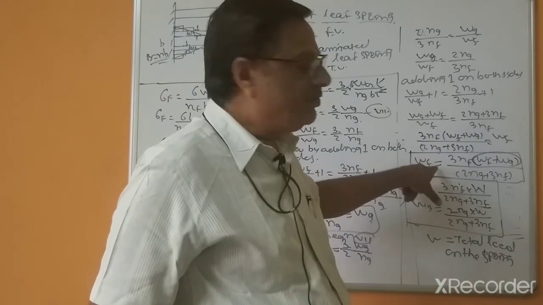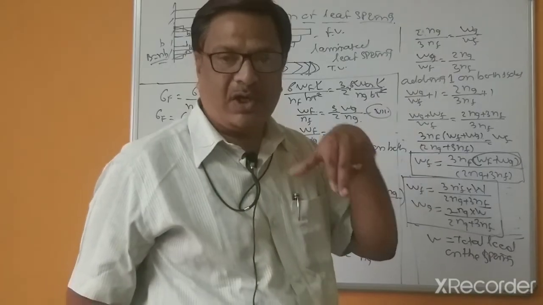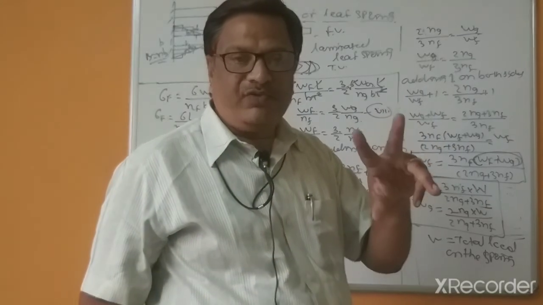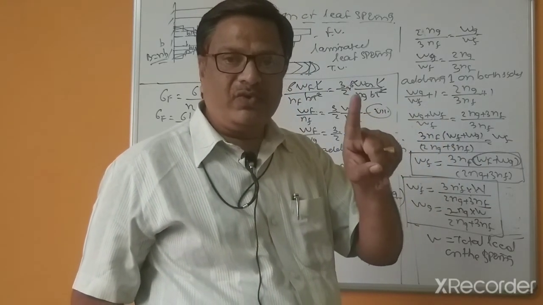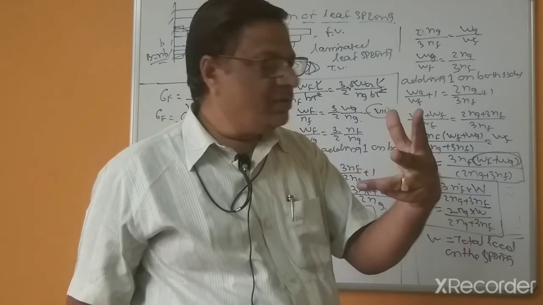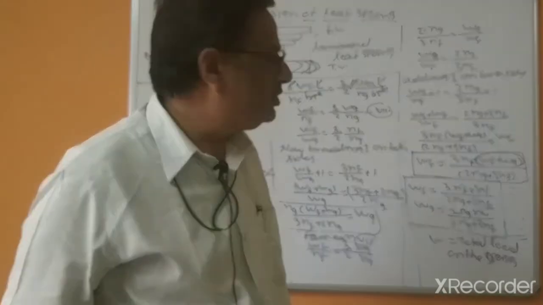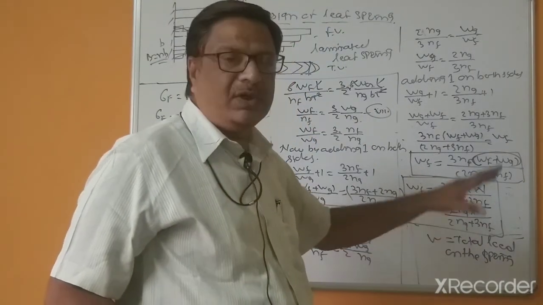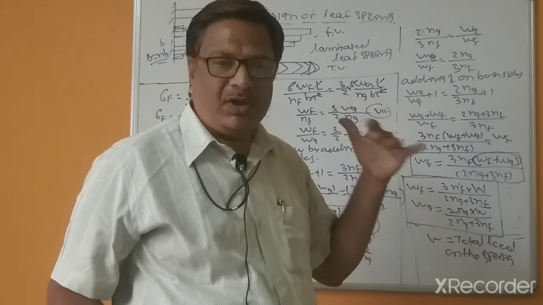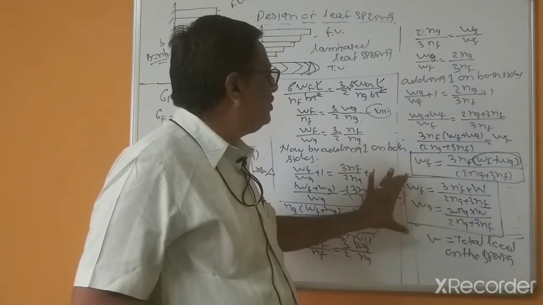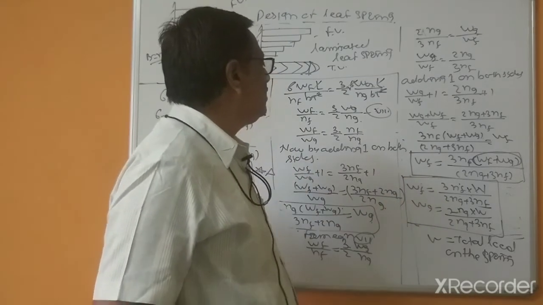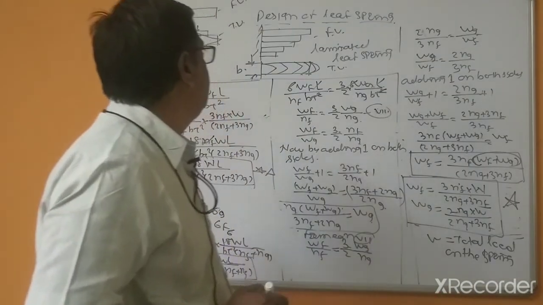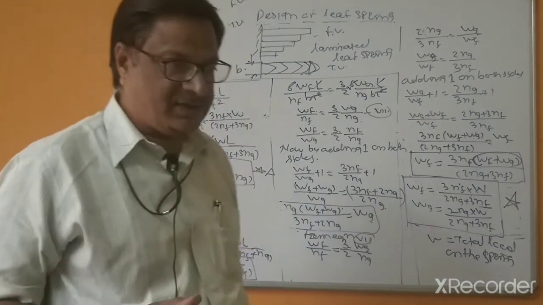The master leaf also we have to consider as one leaf, and if there are two supporting full leaves, the total number of the full leaves equal to 3, and the total number of the graduated leaves may be 10, 15, 16 etc. So these are the important formulas or expressions which are to be considered during the design of the leaf springs.